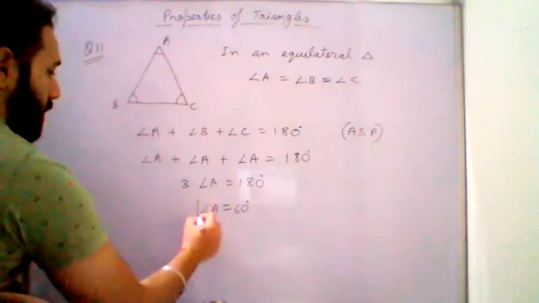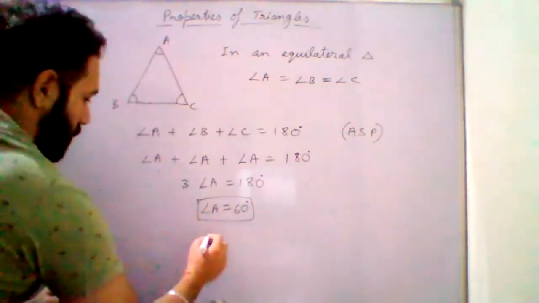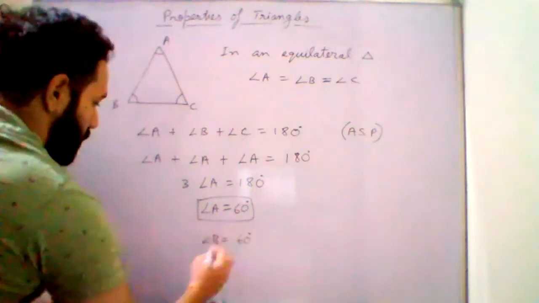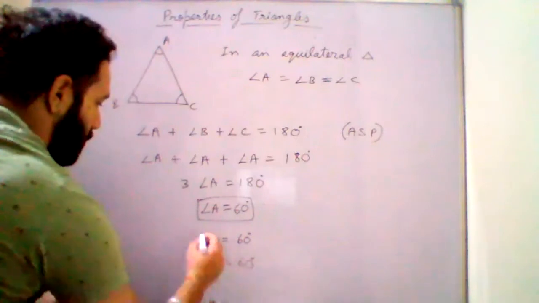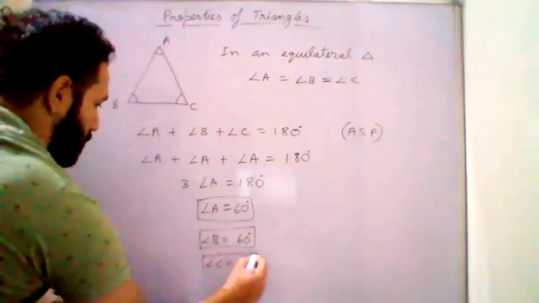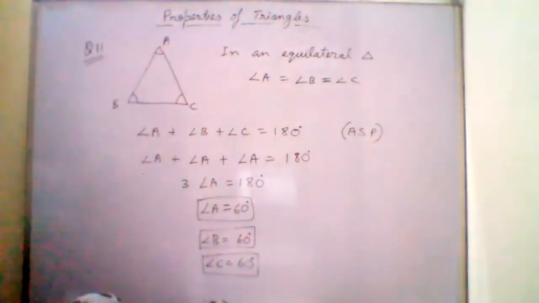Angle B is equal to angle A, so it is also 60. And angle C is also 60 degrees. All the three angles are 60 degrees each. Clear? The question is clear to all of you? Yes, sir. Note down the question. Very easy one.